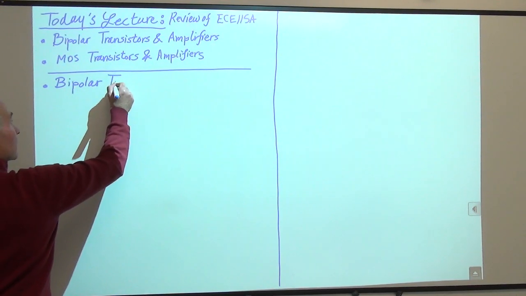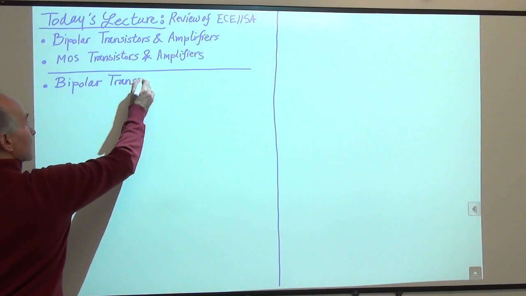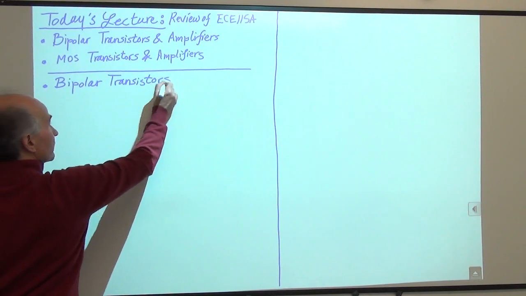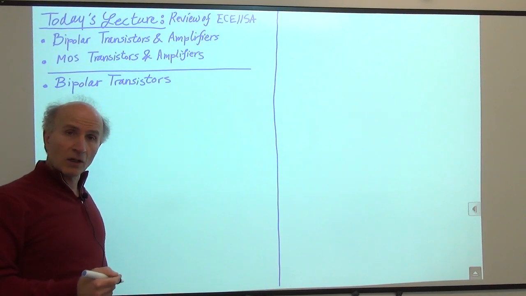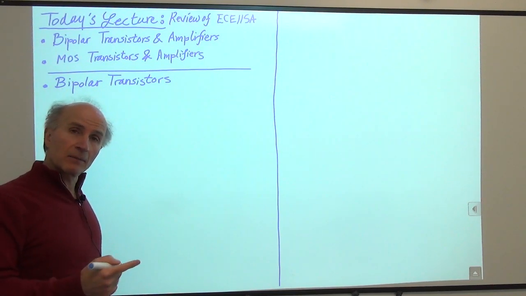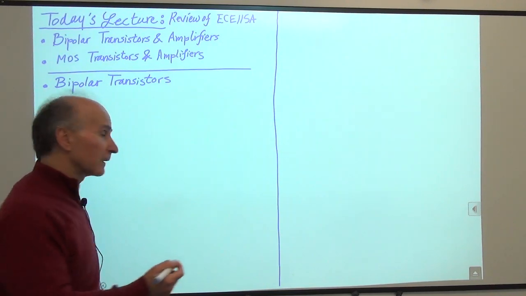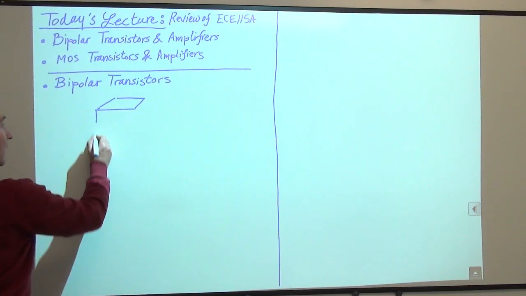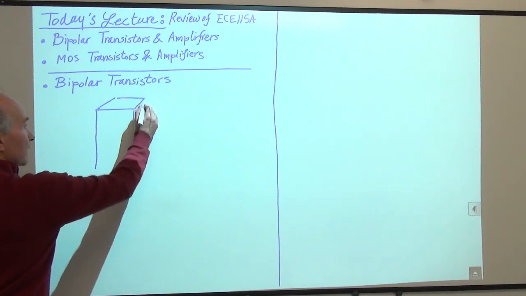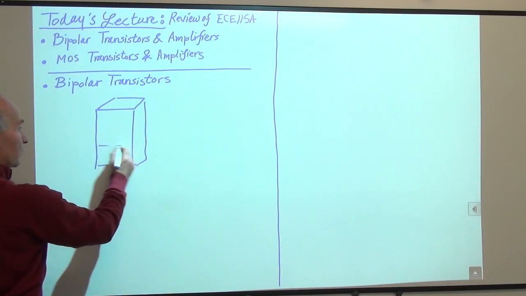So bipolar transistors, we saw that it's a simple structure consisting of two back-to-back diodes, so to speak. So we can construct it like this. We have three pieces of semiconductors attached to each other.